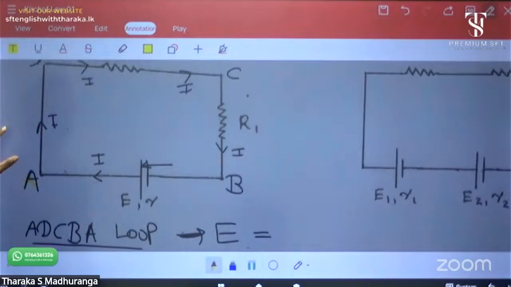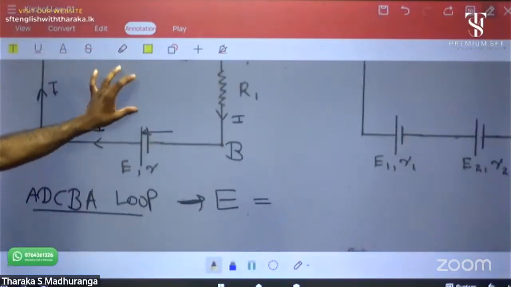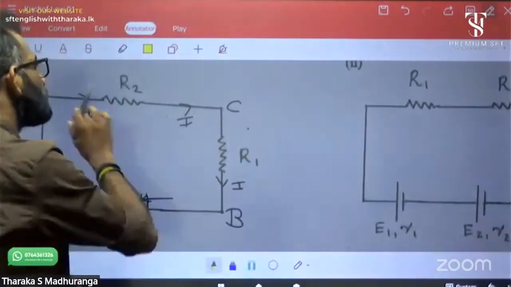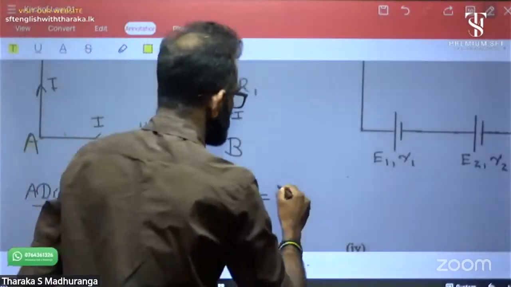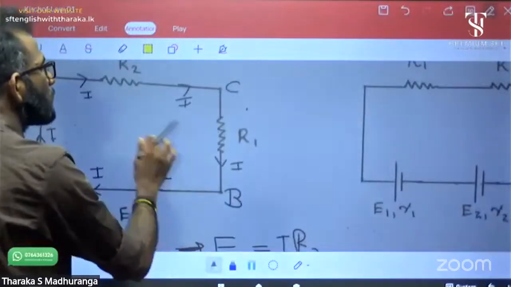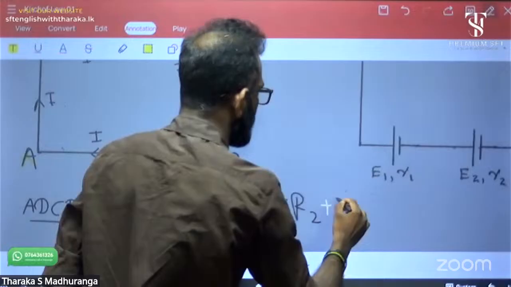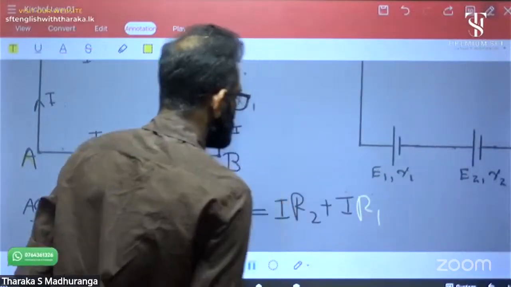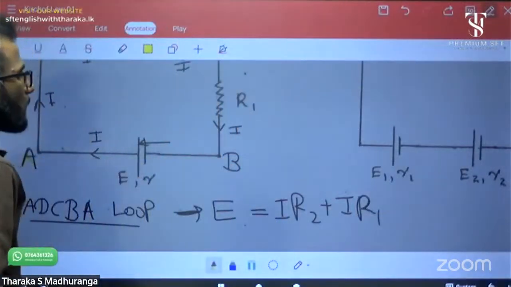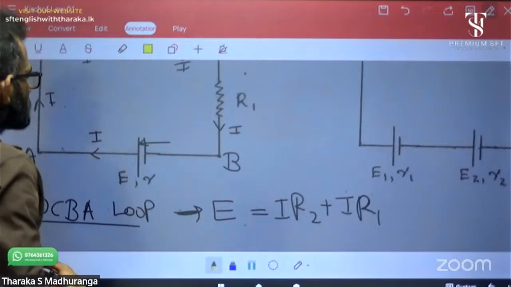I'm going to start again from A. No resistance. It's capital R2. Then I R2, current direction and my direction the same, positive. Next, I R1, also positive.